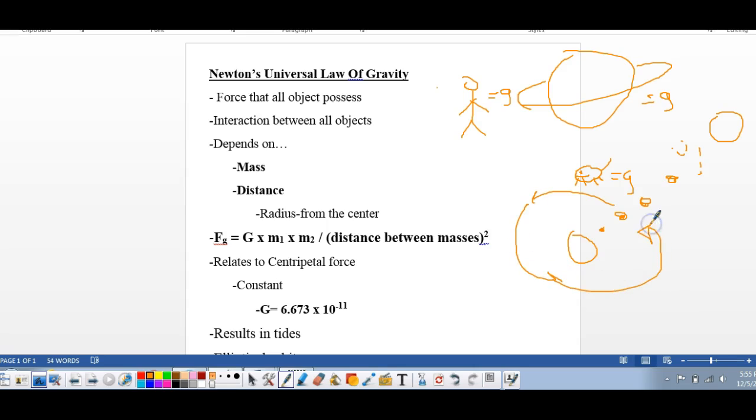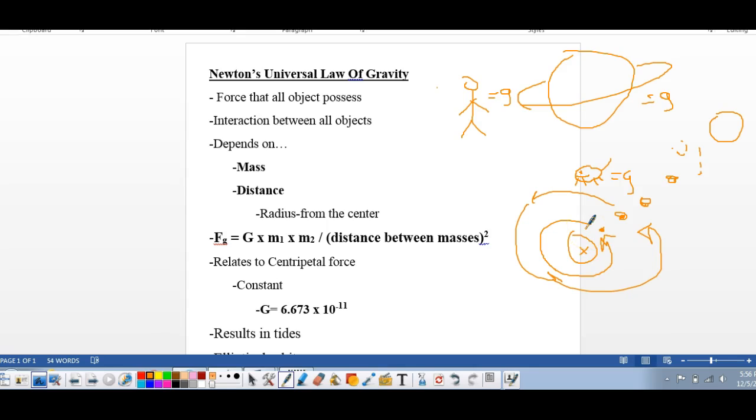And it wasn't until Newton and even Albert Einstein came along to really understand and explain how this works, and that it's a force that causes these objects to have rotational motion. And the axis is actually the sun. Its gravitational pull on each one of these planets causes it to move in a circular motion.